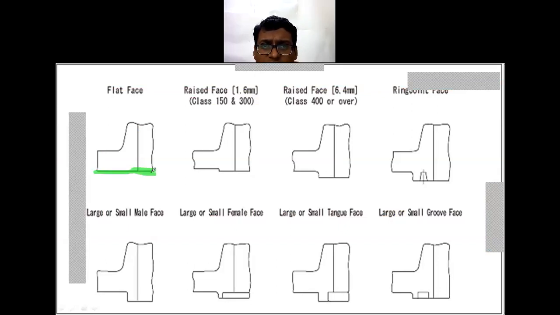Now in this raised face, this is the raised section which you can see. The change in the dimensions is observed. This is the raised face. This is also the raised face. This is for the class 150, class 400.